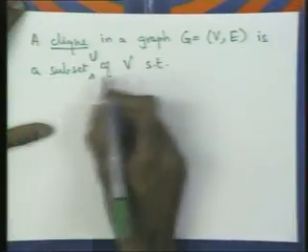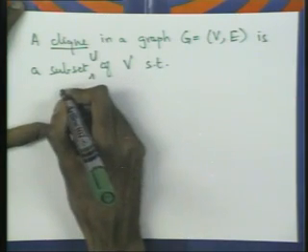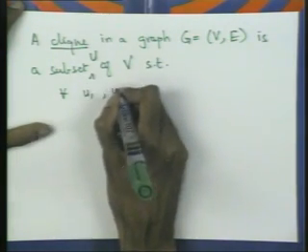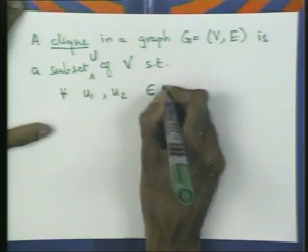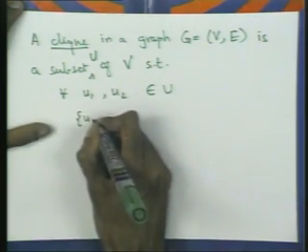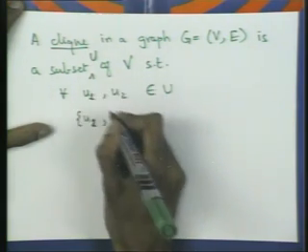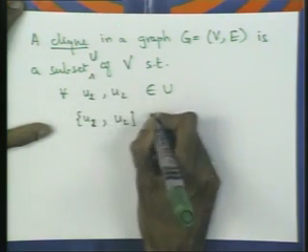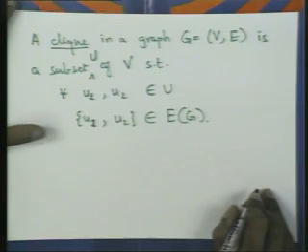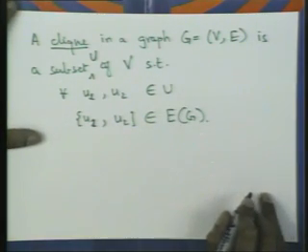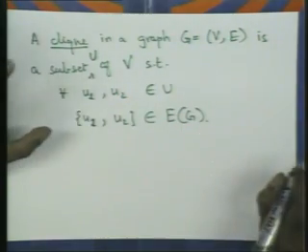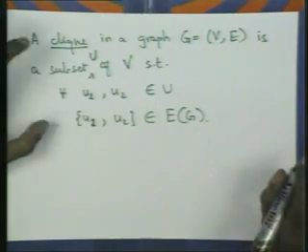The subset U says that for every U1, U2 in U, U1, U2 must be an edge in G, which means if I restrict myself to U, I must get the complete graph. Every edge must be present.